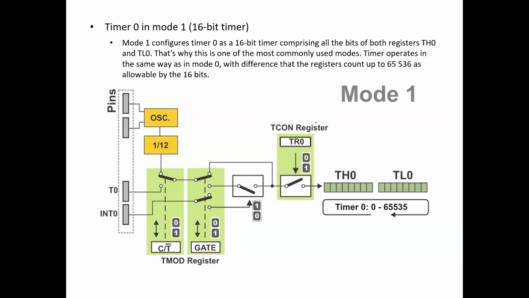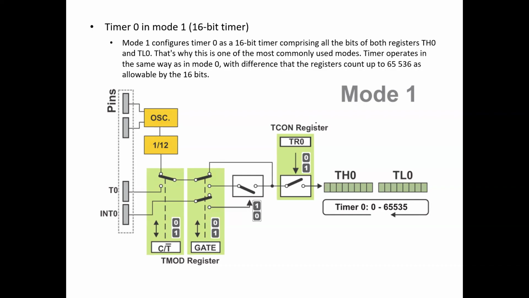Next, for timer 0 or 1, both timers' modes are the same. In mode 1, it will be a 16-bit timer. Mode 1 configures timer 0 as a 16-bit timer comprising all the bits of both registers TH0 and TL0. That's why this is one of the most commonly used modes.